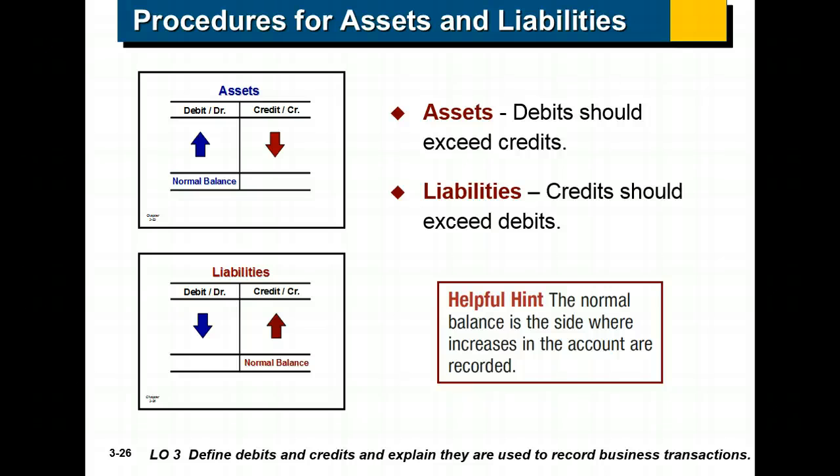So if an asset has a normal debit balance, and the normal balance is usually the side that gets increased, that would be when we receive supplies on account. When we receive those supplies, we're going to increase our supply account, which means debit it.